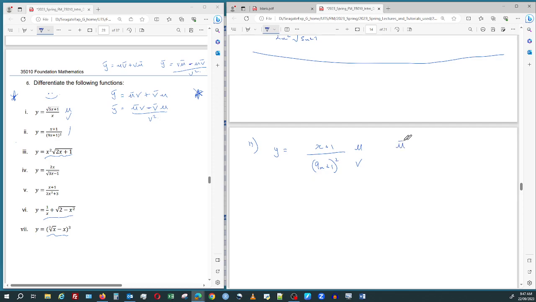So u dash would be equal to 1, and v dash is equal to, aha! So we've got to let u equal, no, I'd used u. So we've got to choose another pronumeral, let m equal. Now we're using m for the chain rule. This might be easier than what I did previously. Let m equal 9x plus 1.